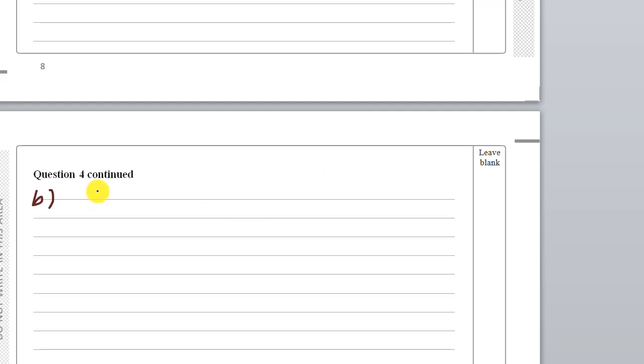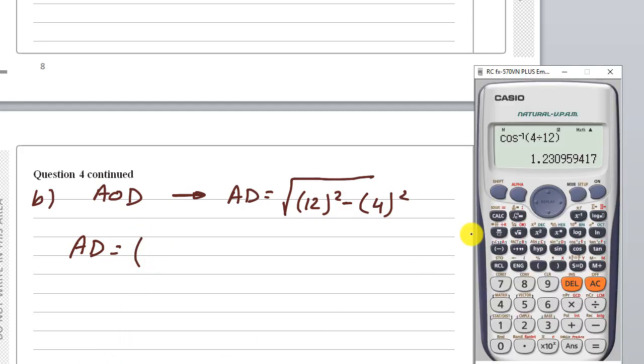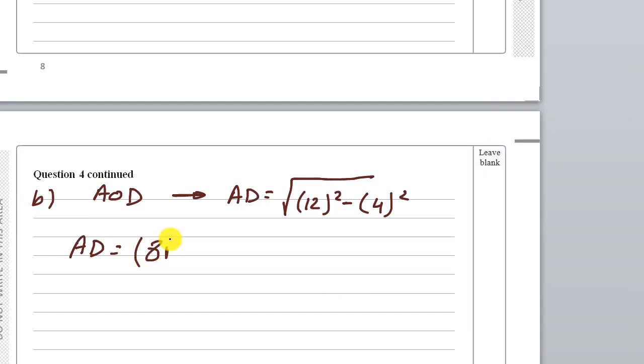Now, triangle AOD. For this triangle, AD is equal to the square root of 12 squared minus 4 squared. So AD is equal to 8 square root of 2 meters.